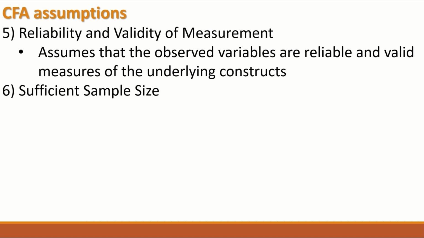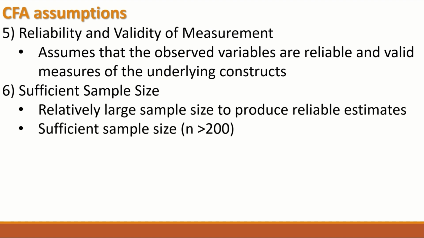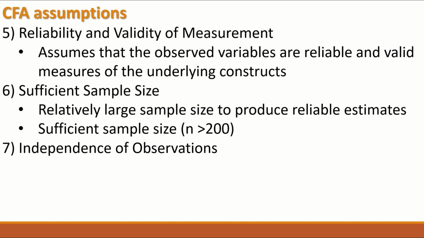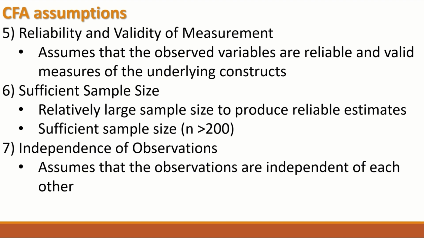The sixth assumption is that there should be sufficient sample size. A relatively large sample size is needed to produce reliable estimates. So the sufficient sample size should be greater than 200. The seventh assumption is the independence of observations, which assumes that the observations are independent of each other.